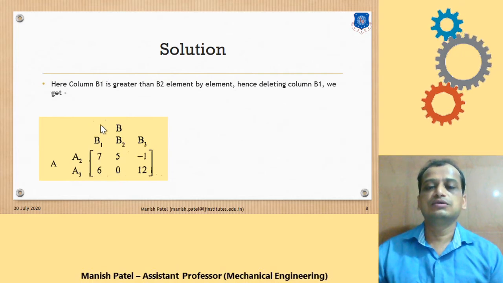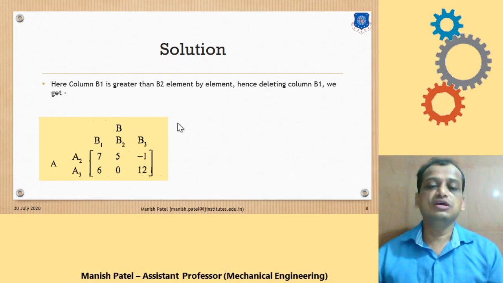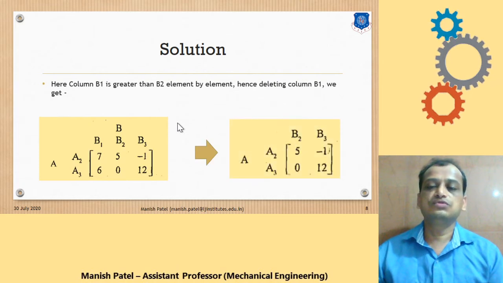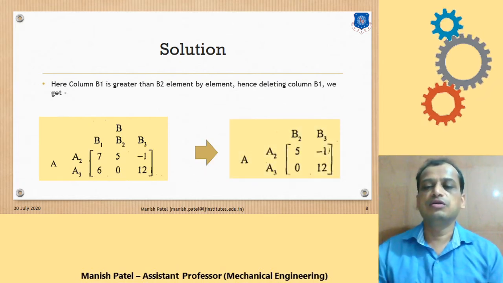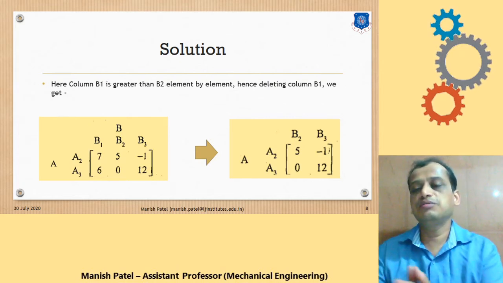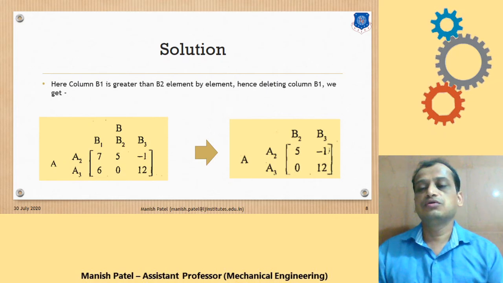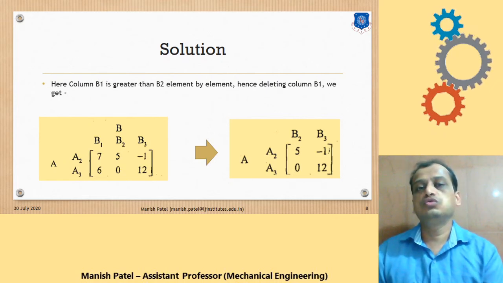So yes, this column B1 is greater than B2 column. Hence, what we will do in this case, we are going to remove the B1 column. So that is what I have done here. I have removed the B1 column. Clear? So in this way, now here if you see the matrix, what is the size of the matrix? The size of the matrix is 2 cross 2 matrix.